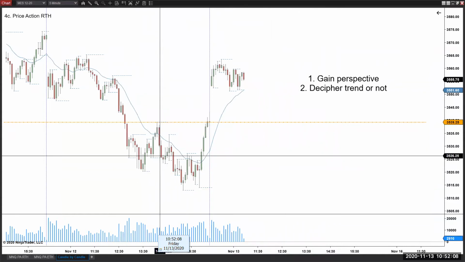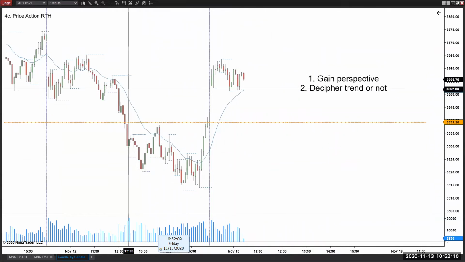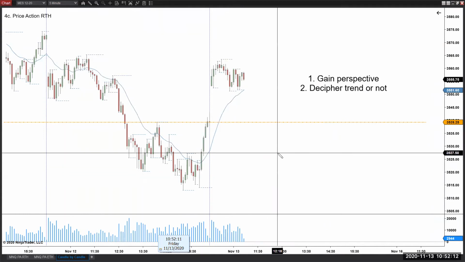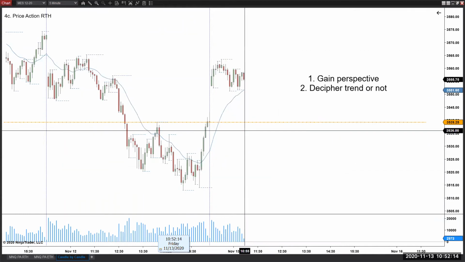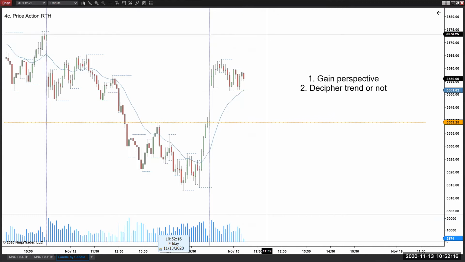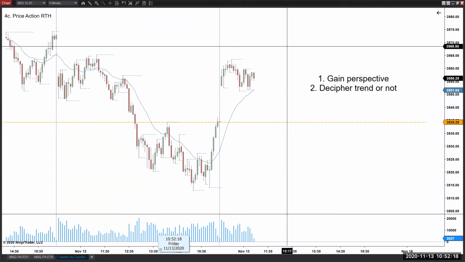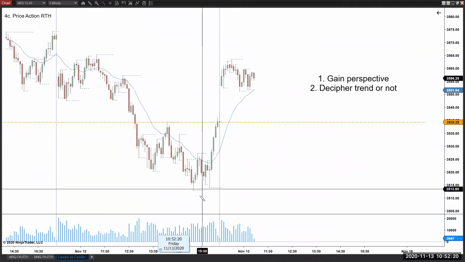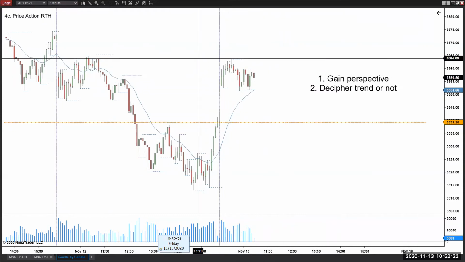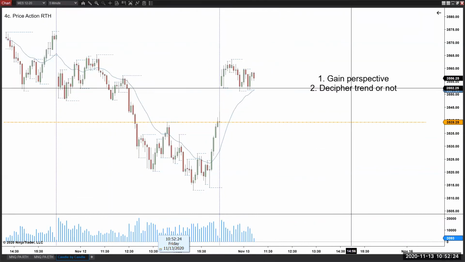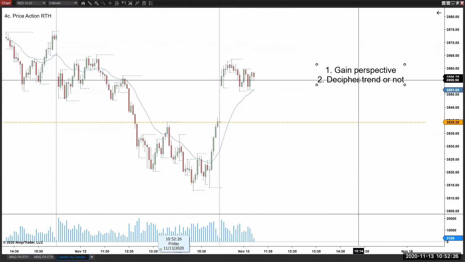Well, we gapped up, but we gapped inside the previous day, and realistically, we're not making any new ground up or down. We have an unfilled gap below us, but there's an unfilled gap above us. We're not really in a trend, are we? It's going up, sure, but in the general scheme of things, not really. We're just kind of flat. So flat to slightly up becomes the context.